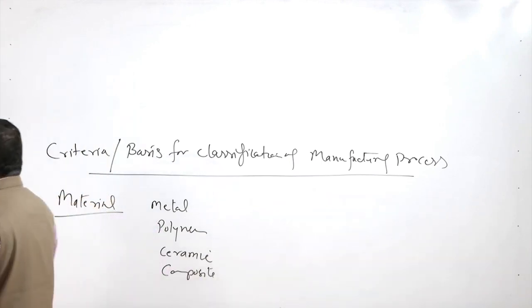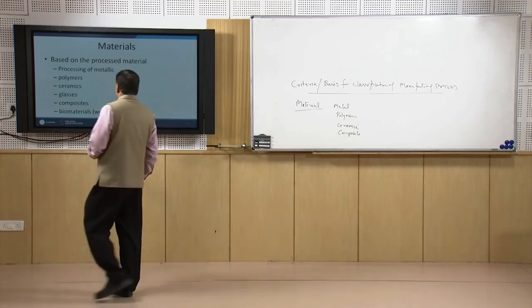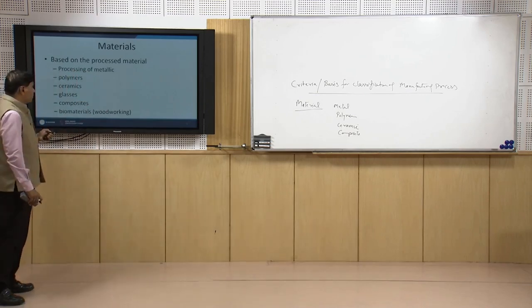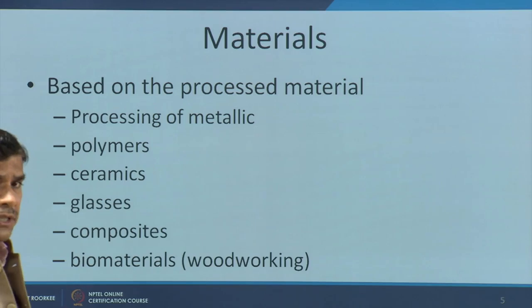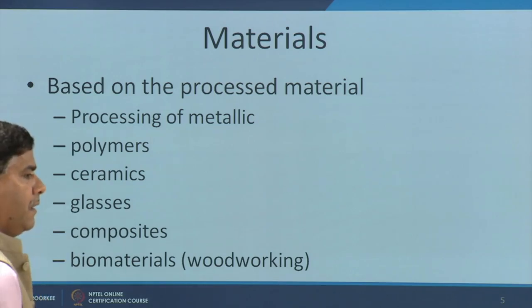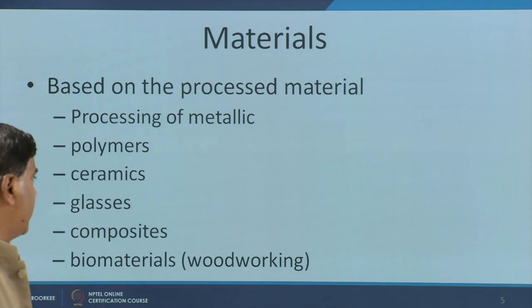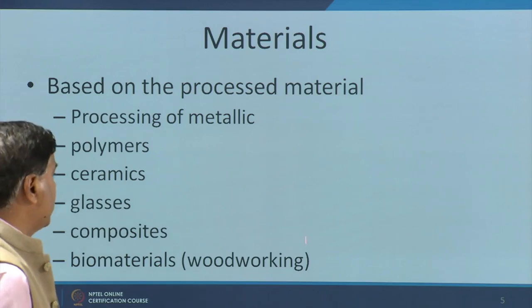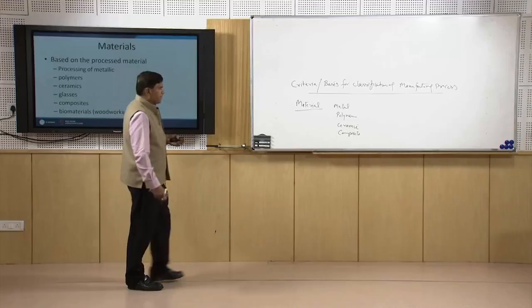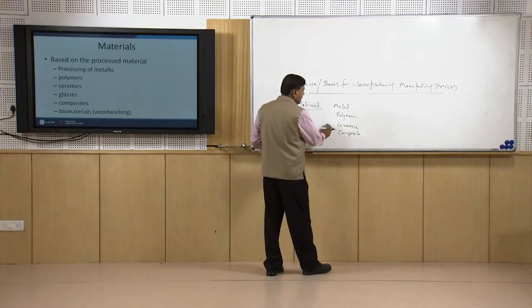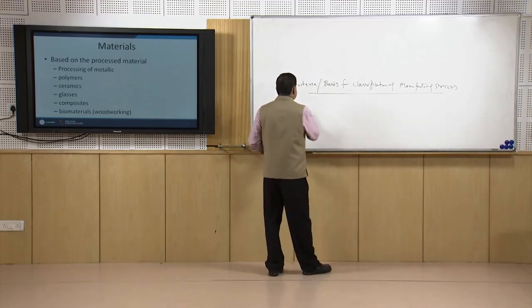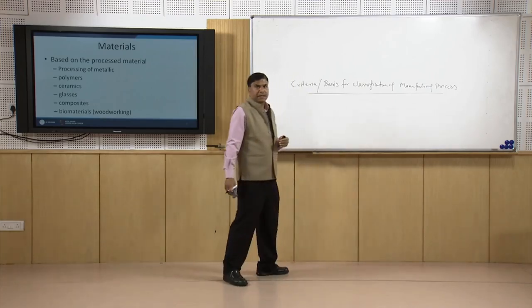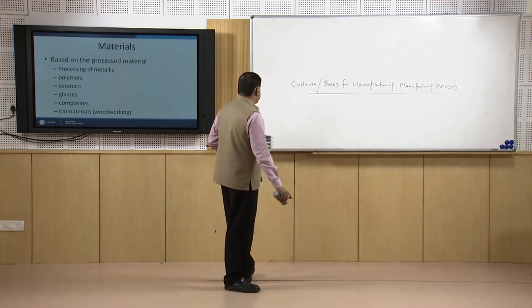Accordingly, we name the process, like the kind of material being used: metallic materials involved in manufacturing, or polymers, ceramics or glasses, like the glass industry which is used for making glass based products, or composite processing, or biomaterials like woodworking. So, the manufacturing process based on the material being used for processing can be grouped as metal processing, polymer processing, ceramic processing, glass processing industry.